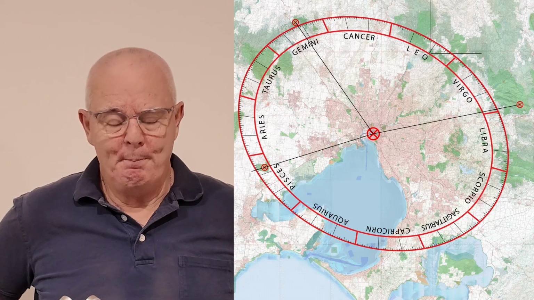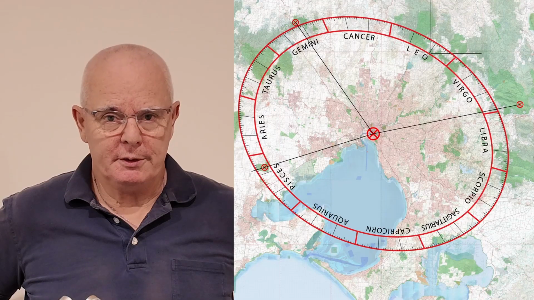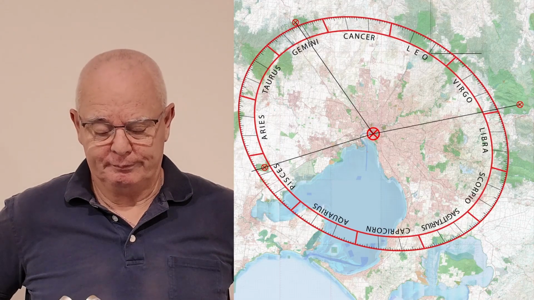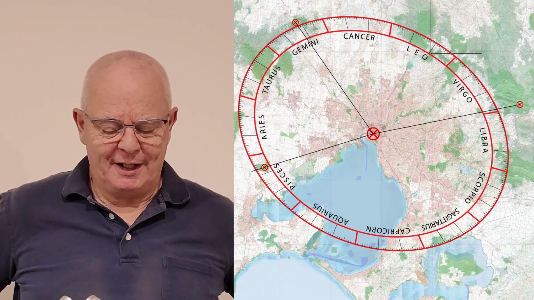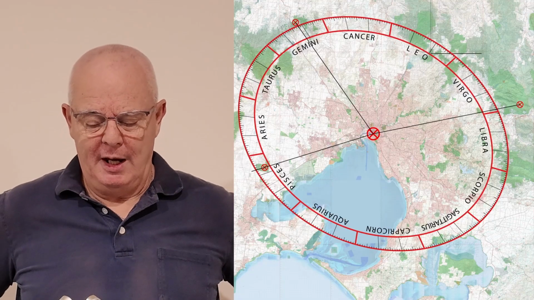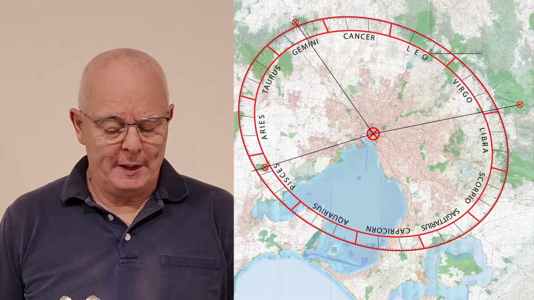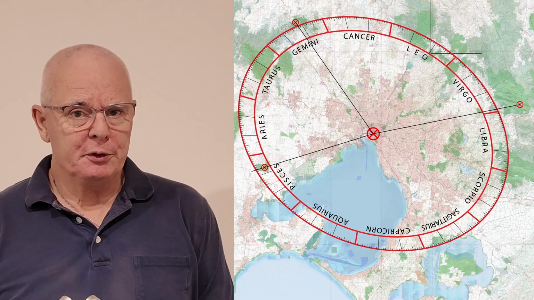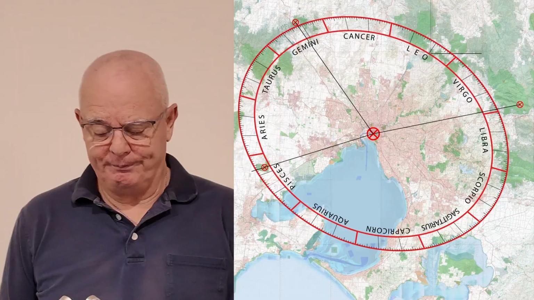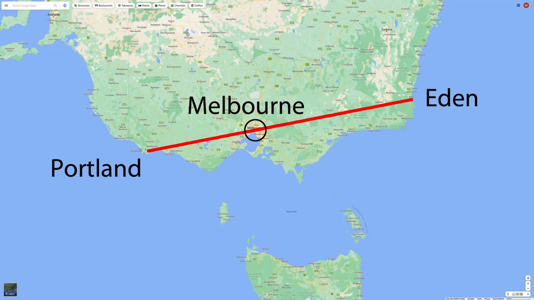Saturn's alignment matches the summit of Mount Donabuang. Extend Saturn's alignment westward and it lines up with Westgate Bridge. Keep going and it cuts the coast at Portland. Portland was actually settled about 12 months before Melbourne. Portland was the first continuous settlement in Victoria.